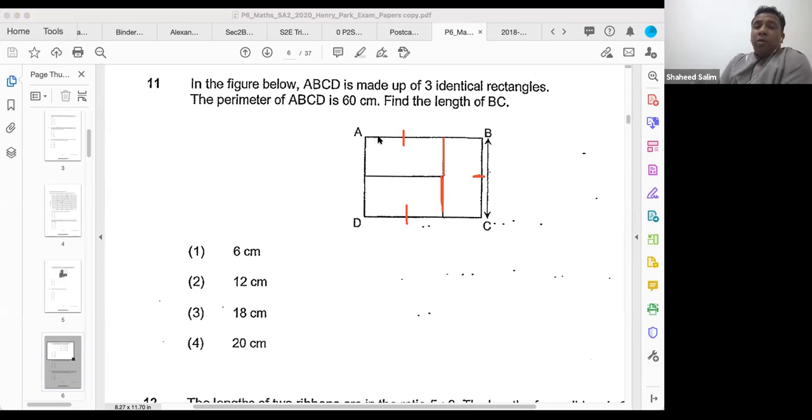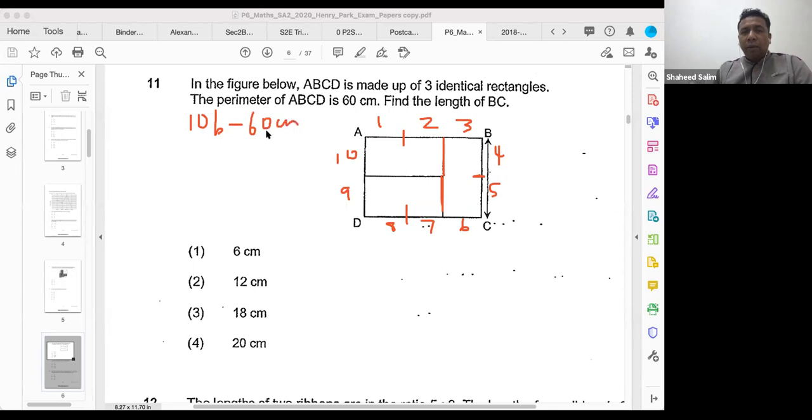So let's count how many units there are: 1, 2, 3, 4, 5, 6, 7, 8, 9, and 10. So 10 units is 60. 1 breadth is 60 divided by 10, which is 6. They ask for BC. BC has 2 units, so 2 times 6 is 12.